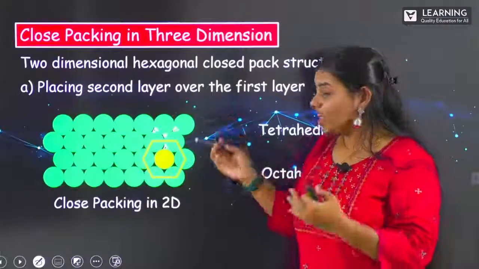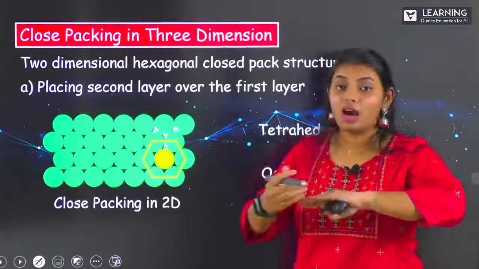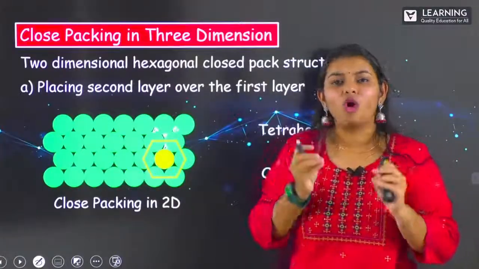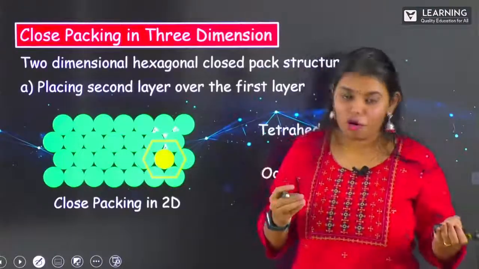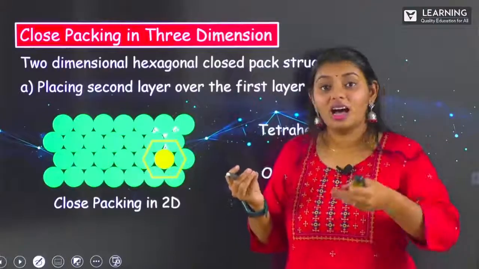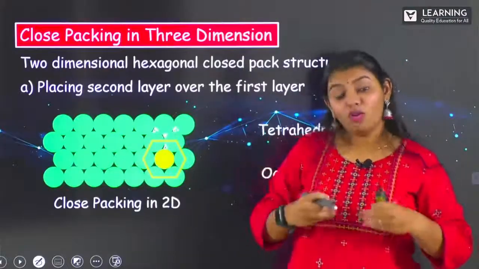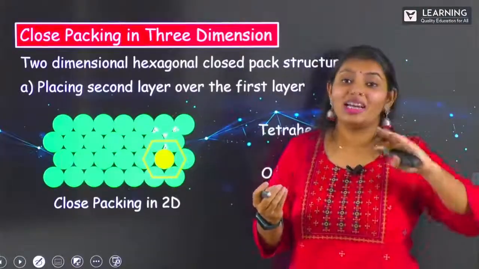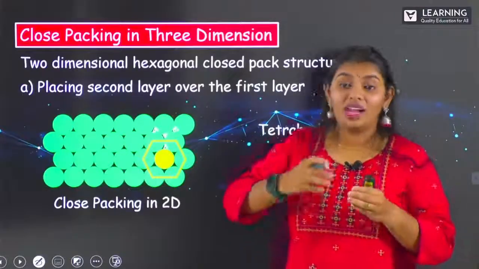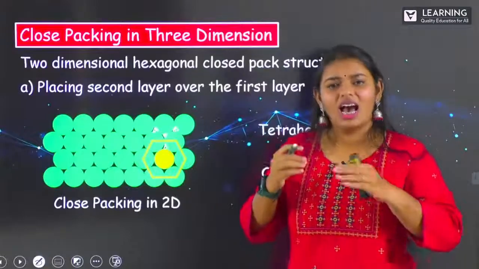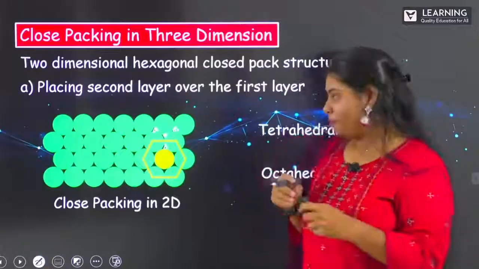Now, the way the arrangement of second layer is done above the first layer, there will be small voids which are left. Okay, there will be two types of voids which are going to be formed. One is tetrahedral voids and the other one is octahedral voids. Now we have to understand why is it called as tetrahedral voids and how is tetrahedral voids formed, and then we will understand what is octahedral voids and how is octahedral voids formed.